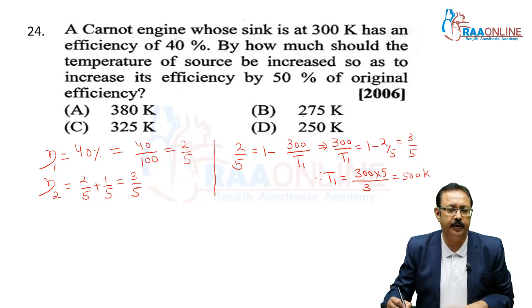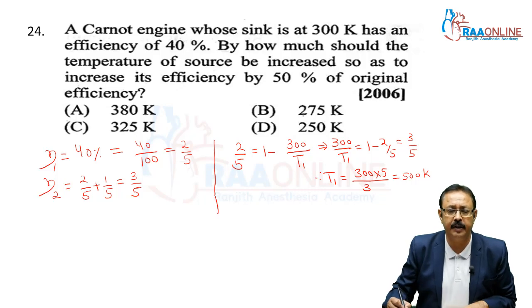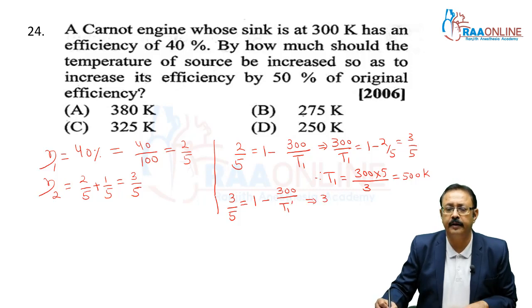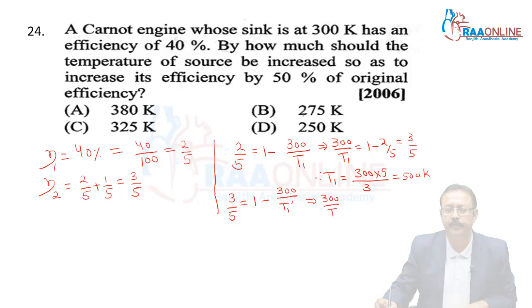What is the new scenario? We want efficiency 3 by 5. The sink is the same. Suppose the temperature of the source is now T1 dash. So 300 upon T1 dash should be 1 minus 3 by 5, which is 2 by 5.